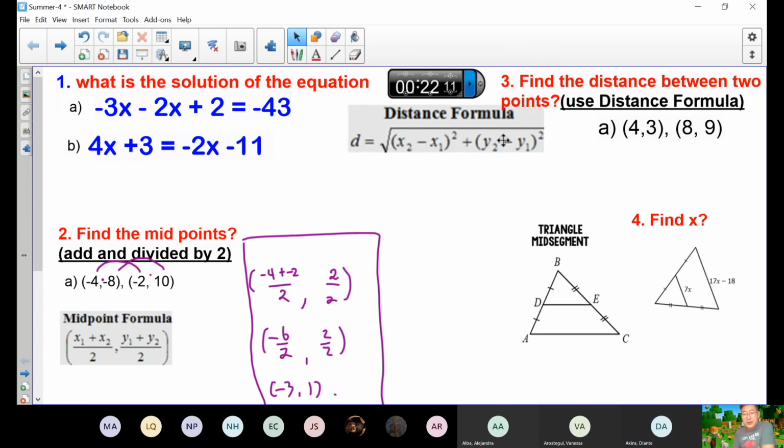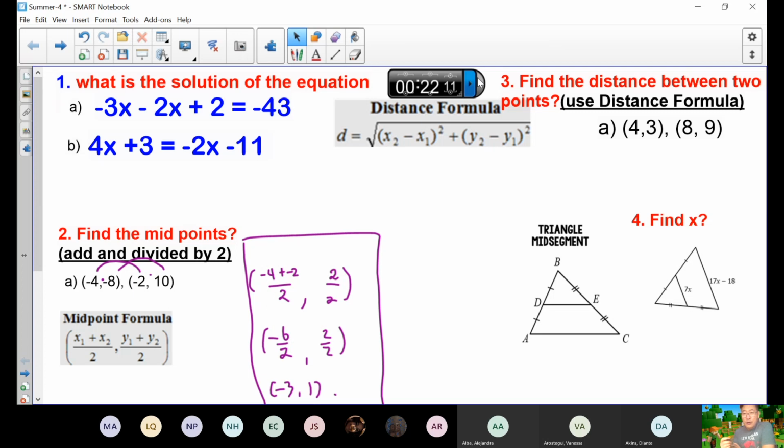Now this is the distance formula again. You see how we find the distance between the 2 points? We plug these numbers in here, simply: x1, y1, x2, y2. So 8 and 4, and 9 and 3.